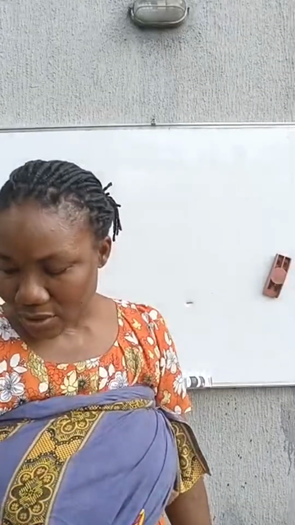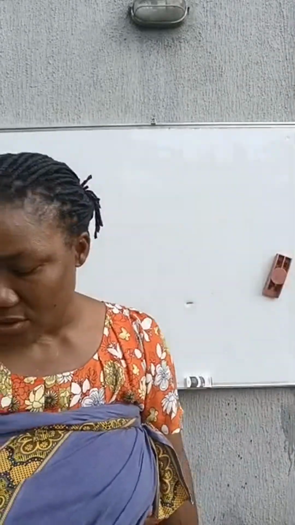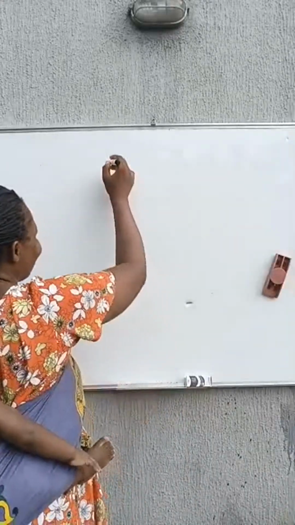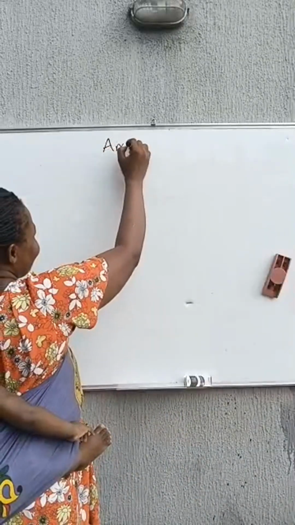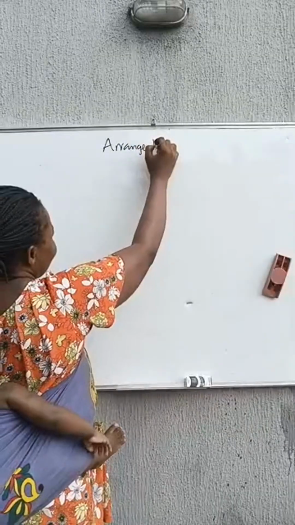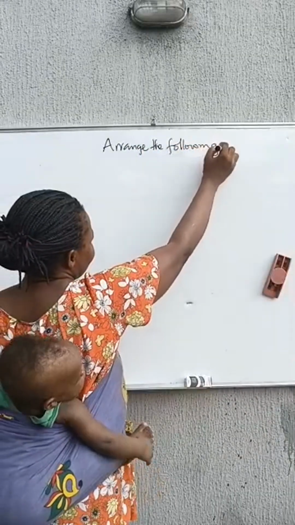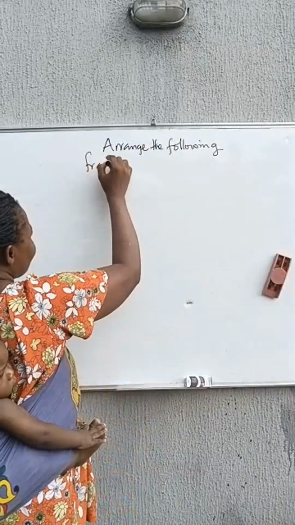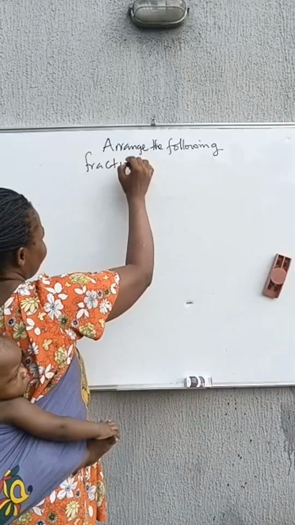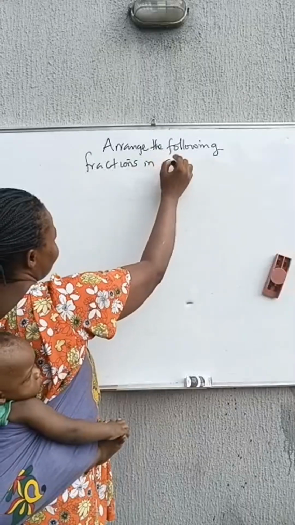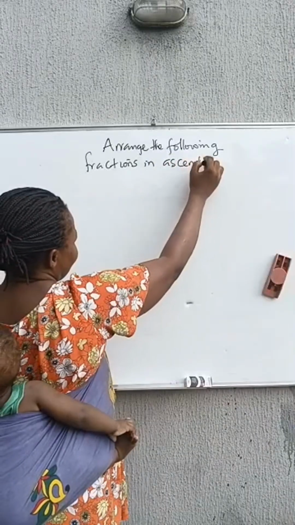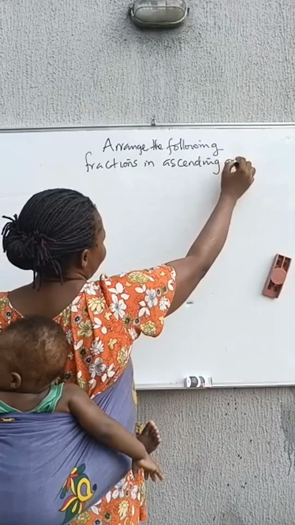All right, our next question says arrange the following fractions in ascending order.